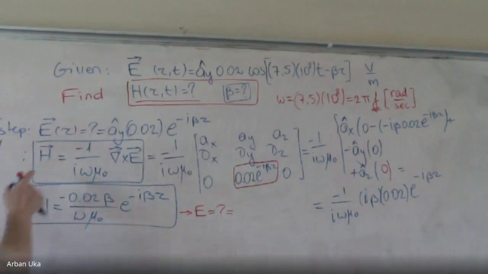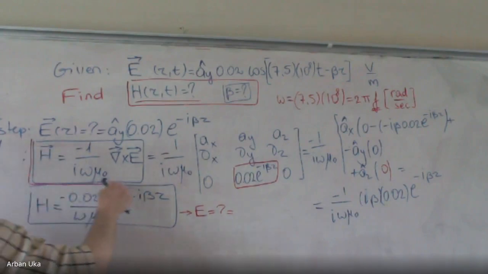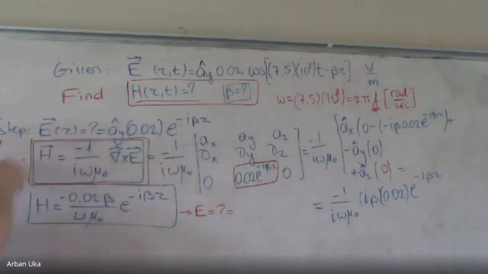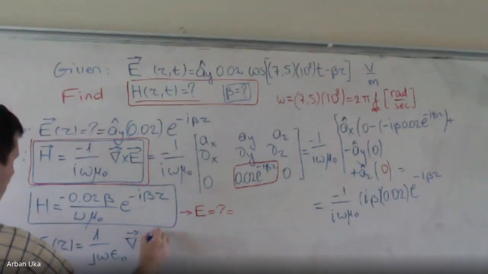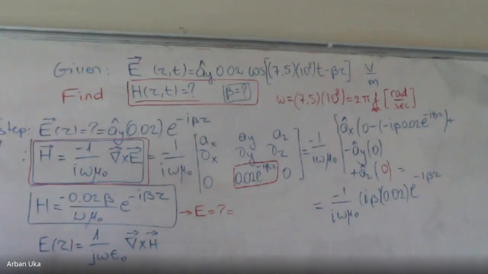For this, we write an expression similar to this one. The electric field is equal to 1 over j omega times permittivity times the curl of H, and then we follow the same steps.